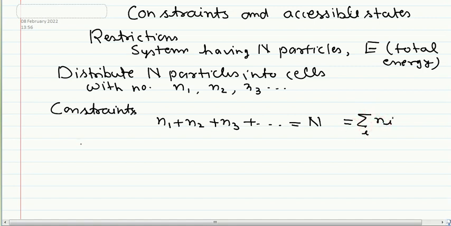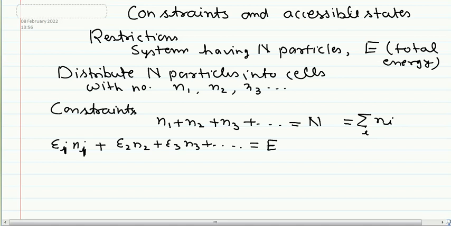And the second constraint is that suppose small ei is the energy for the ith cell, then e1 n1 plus e2 n2 plus e3 n3 and so on. So this must be equal to total energy, because total energy E will remain constant.